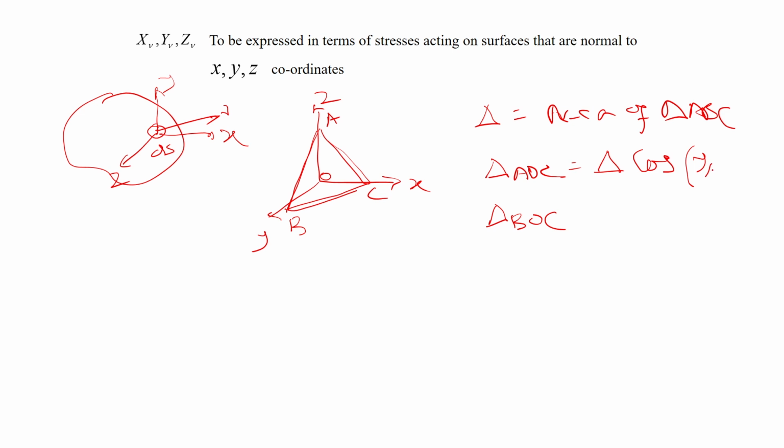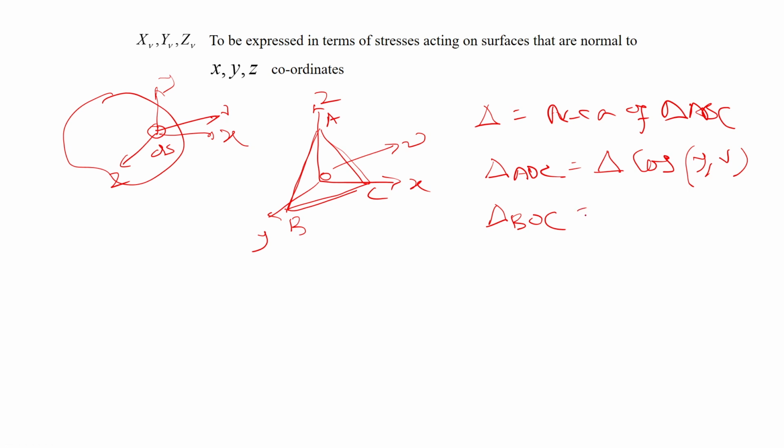The plane ABC is perpendicular to the nu axis, so if its area is delta, the area of triangle AOC will be delta into cos of y nu, because that is the direction cosine of this particular plane AOC.